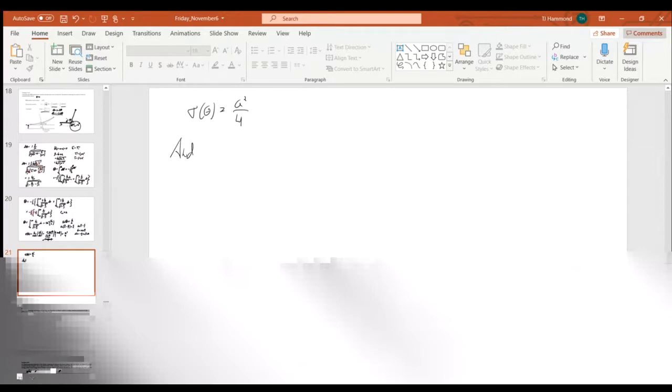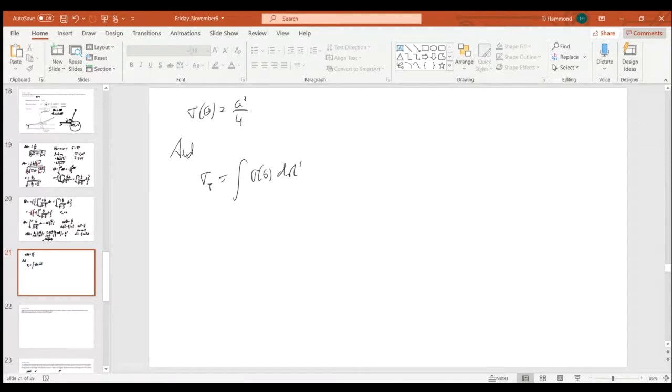And the total scattering cross section is we integrate the differential scattering cross section over all angles, and this is in the center of mass frame, so we use d omega prime.